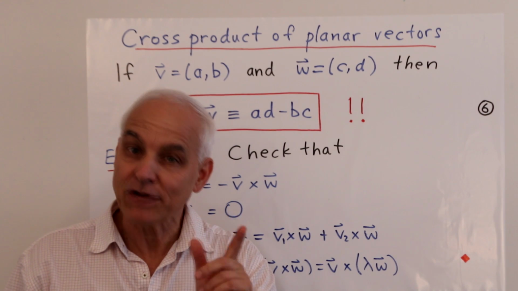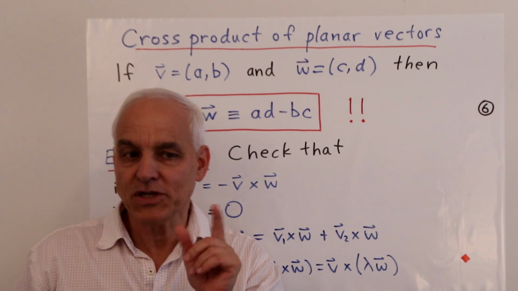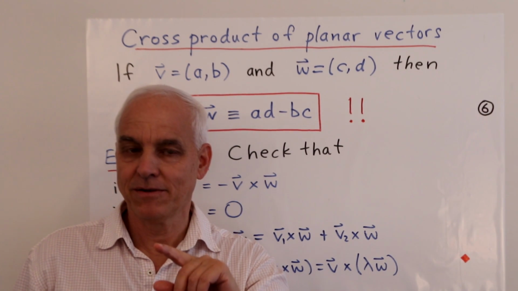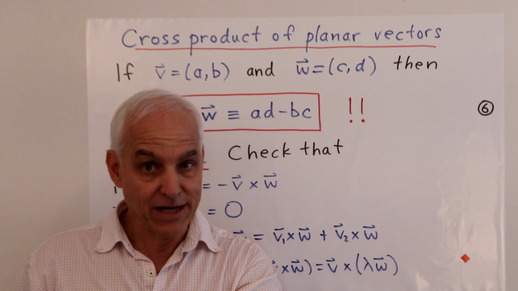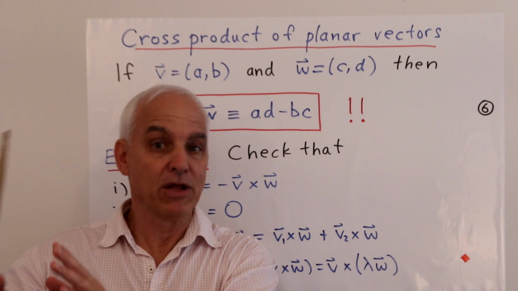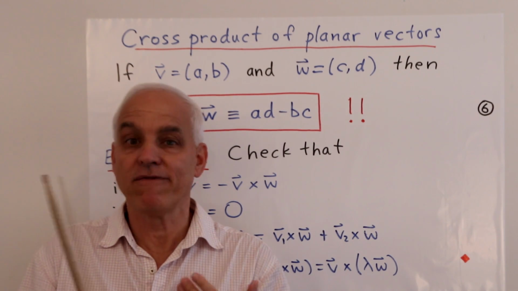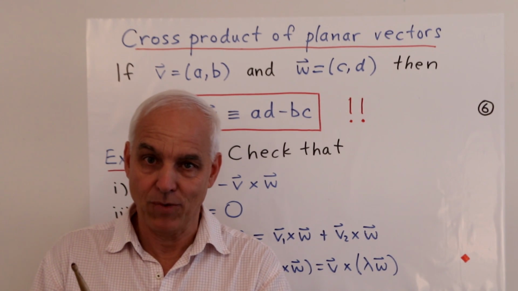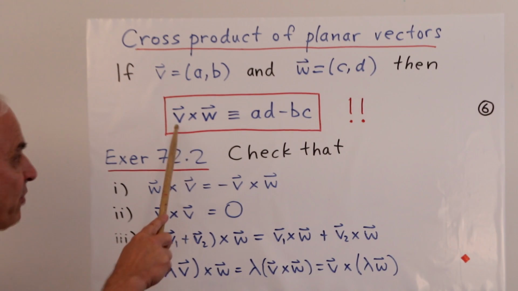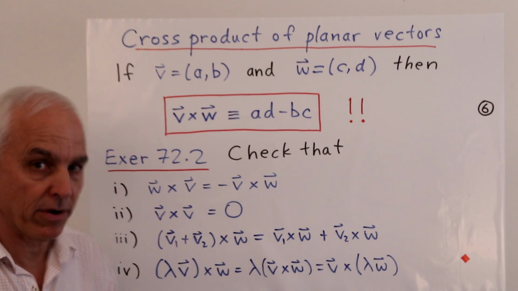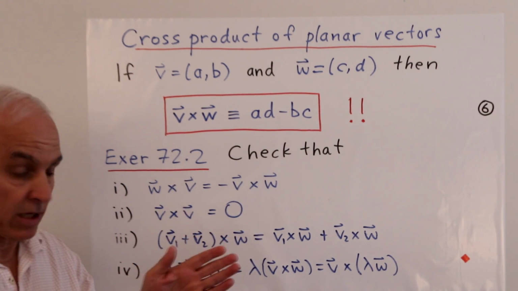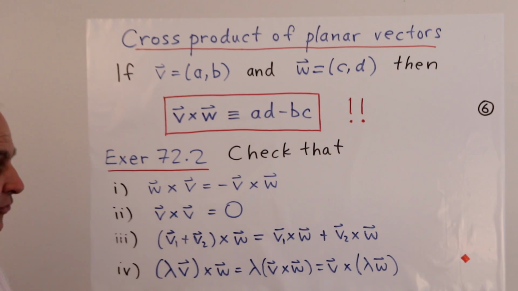Our vectors are vectors in the plane. And so this cross product is different, but still very closely related, to the more familiar cross product in 3 dimensions. It's like a baby version of that. You can think about it that way. So the cross product of two vectors is a number. In fact, it's just the area of the parallelogram spanned by those two vectors.